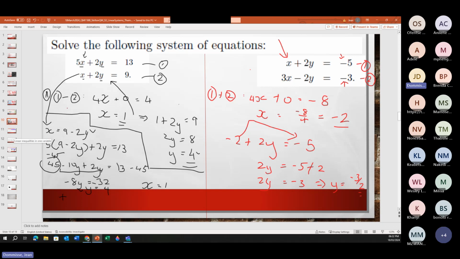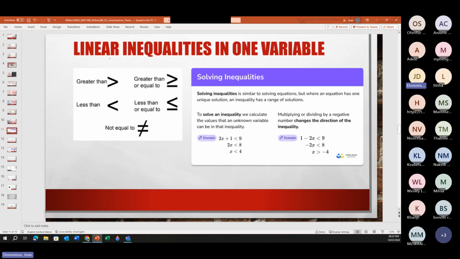Okay, so if it was again inequalities, the only thing that would have changed is the signage. Your answers will again be exactly the same. So, signs of inequalities: what you will get is greater than, less than, and sometimes they put in greater than or equal to, less than or equal to.